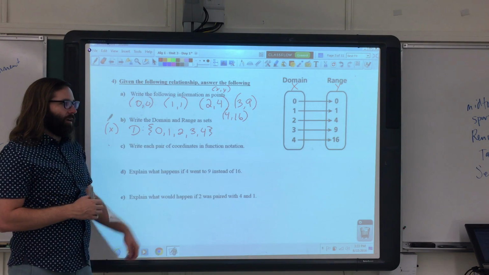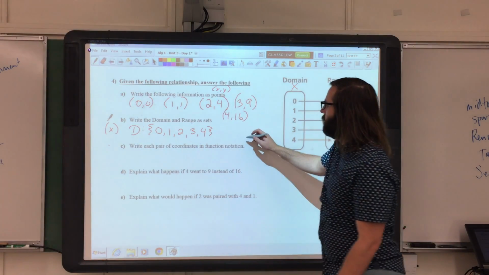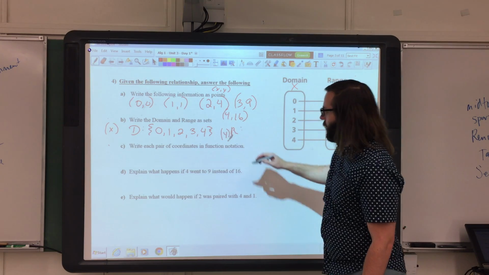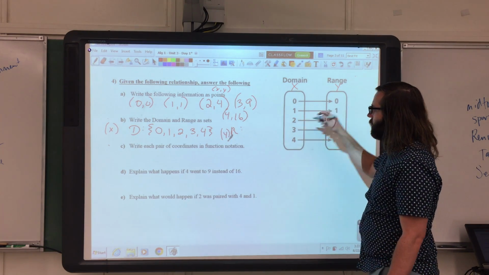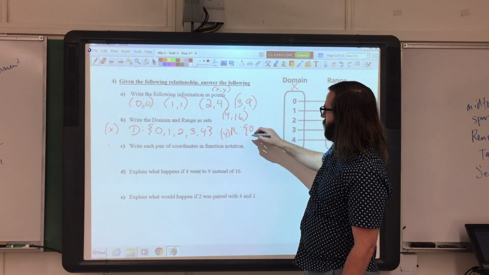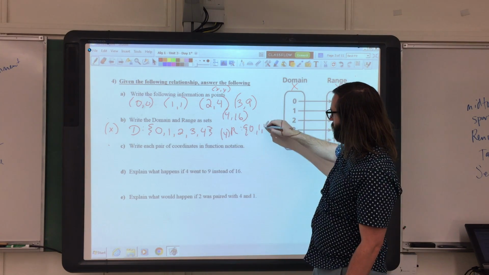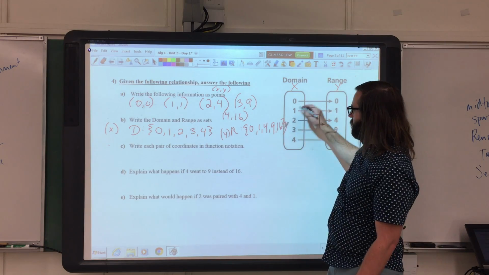Okay, we can't have anything else. So if we look over here, our range, that's our Y values. Range is Y. So we look at our Y's. We have 0, curly bracket 0, 1, 4, 9, 16, curly bracket.